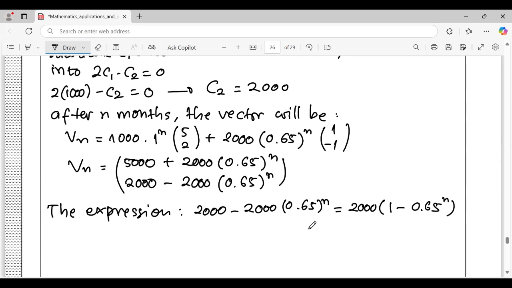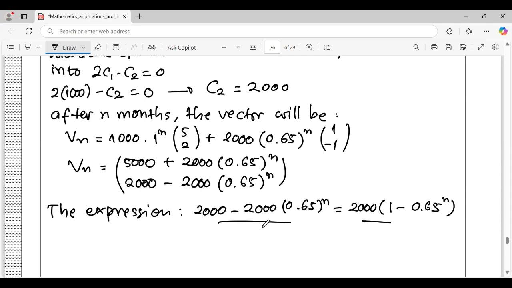These expressions show how customers shift to the coffee shop over time, accounting for the percentage that switches preference each month.